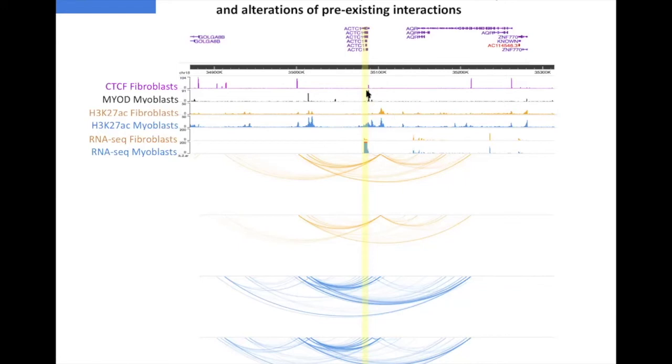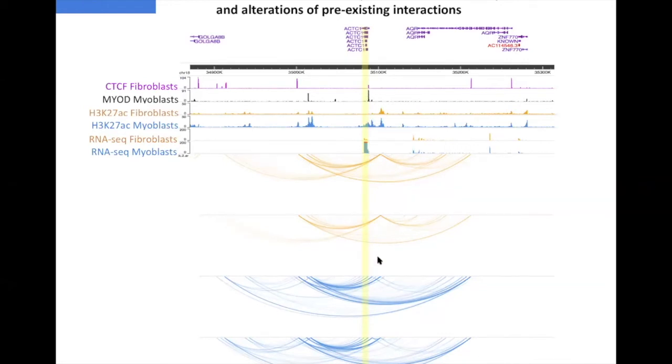Upon expression of MyoD and binding to the promoter of this gene, which is shown by my arrow, you appreciate that now there is a new acetylation whose increase is clearly associated with MyoD binding.